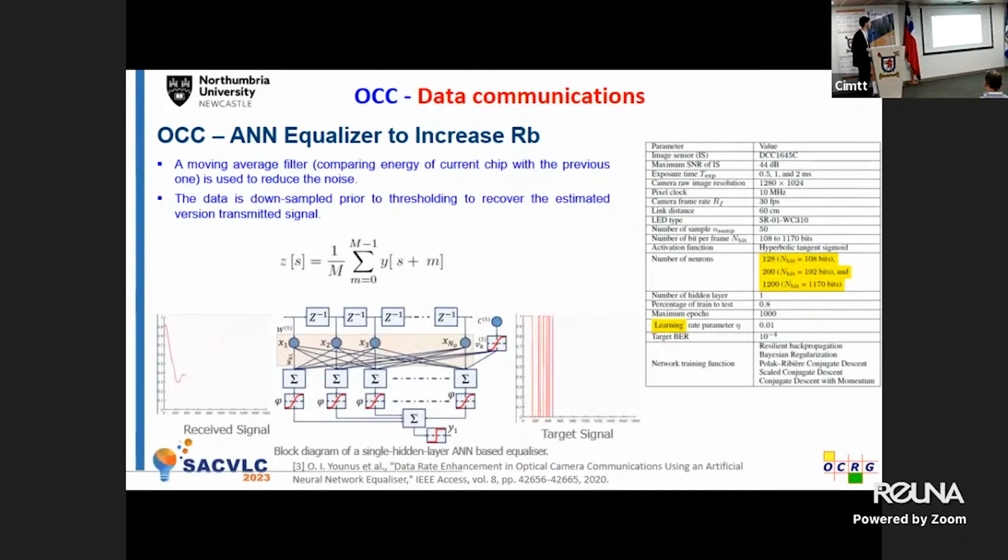Based on this data, you can train your system and have an ideal system where you get rid of the rising time and falling time using a simple neural network, a single hidden layer, not a deep neural network. You train that and look into a lookup table, getting this equalization, just like nonlinear equalization, where you look into these coefficients, feed them to a system, and eventually use that for recovering the signal and decoding it efficiently.